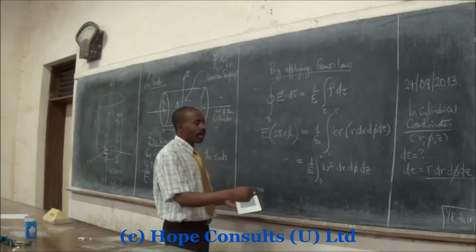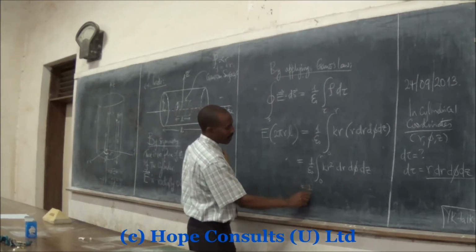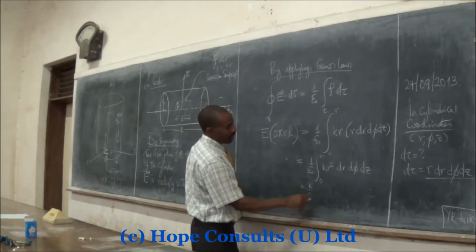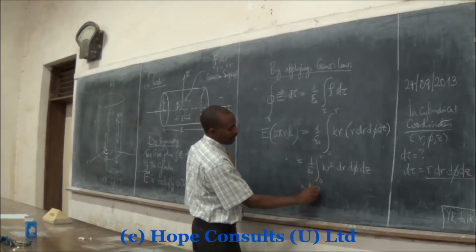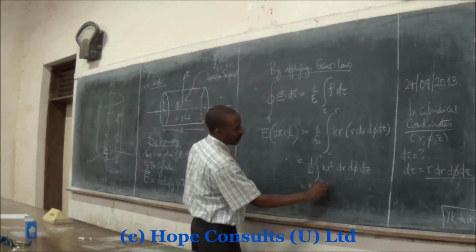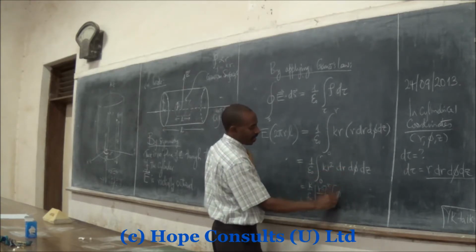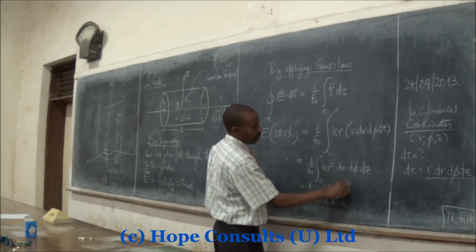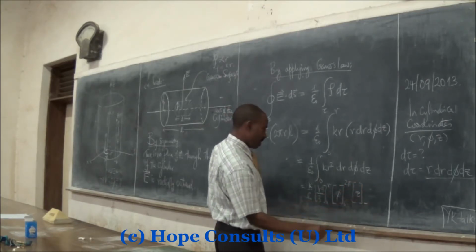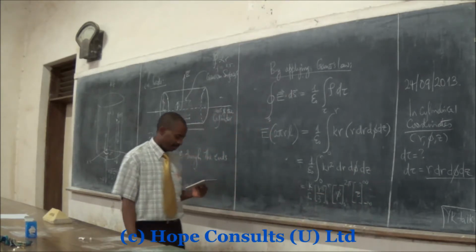So I'll do one at a time: 1 over epsilon naught, k, r cubed over 3 from 0 to R, phi from 0 to 2 pi, and z from minus infinity to infinity.